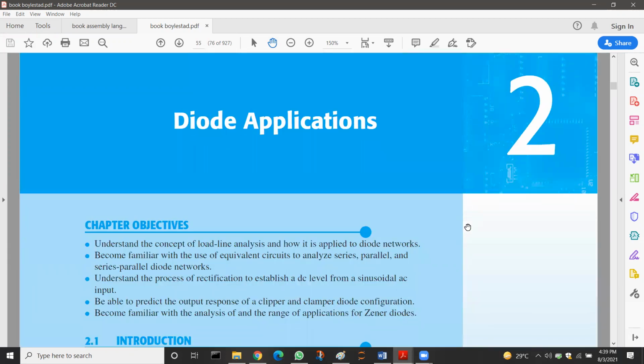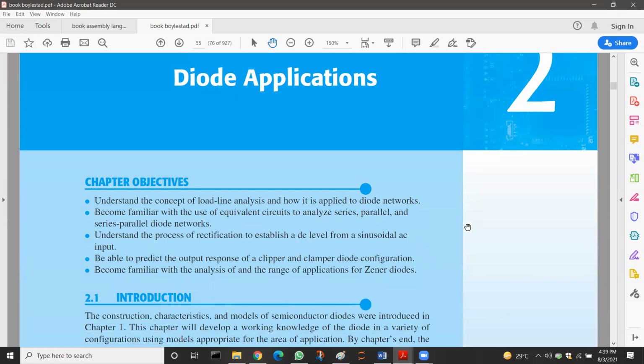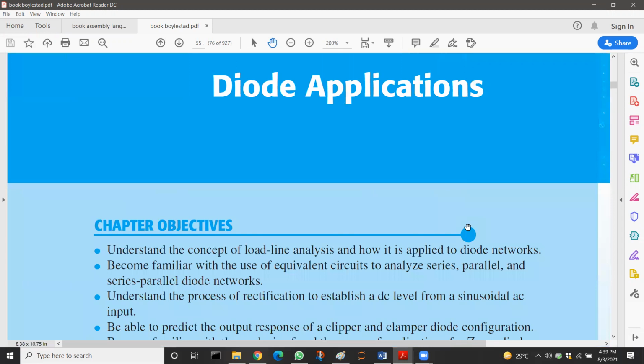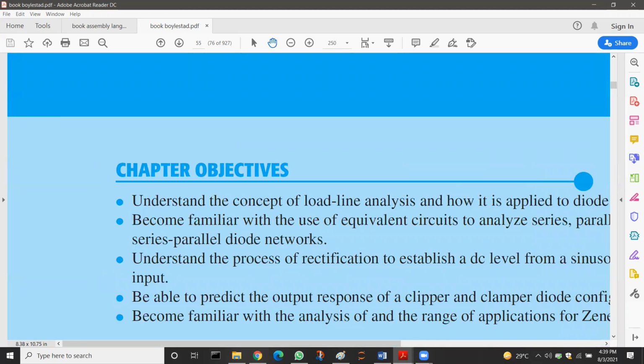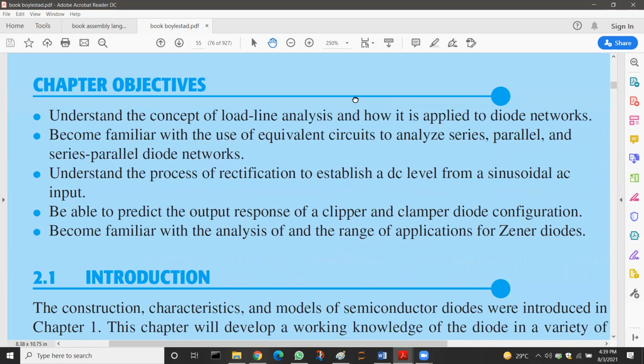Okay, chapter number 2 deals with the diode applications. हम किताब को ही फॉलो किए जा रहे हैं. हमारा ऑब्जेक्टिव यही है कि हम किताब को एज ए प्राइमरी रिसोर्स रखें.